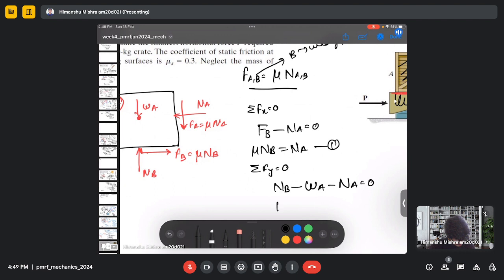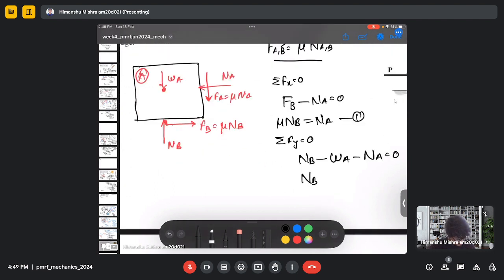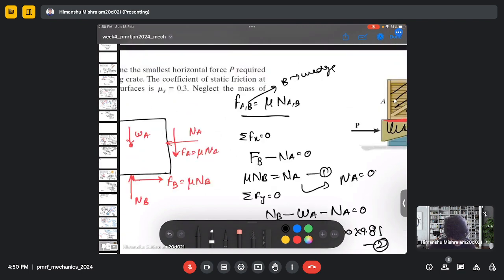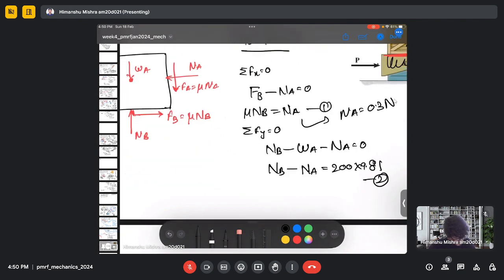So here NB minus NA equals 200 multiplied by 9.81, which is WA. So I can use equation 1, which is NA equals 0.3 NB. And I can put this equation 1 in equation 2.